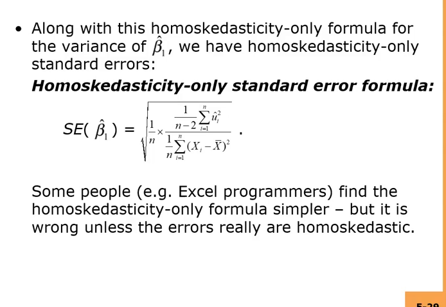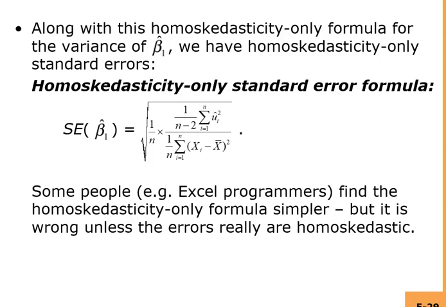So given that, the homoskedasticity-only standard error formula becomes this. Now, the standard error of beta 1 hat that I proposed earlier in the lecture was controlling for heteroskedasticity. So what it means is that if we find that our data is heteroskedastic, then we can use that initial formula for the standard error of beta 1 hat to do hypothesis testing and to calculate the confidence interval.